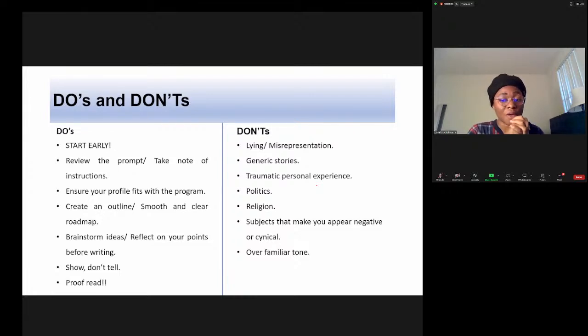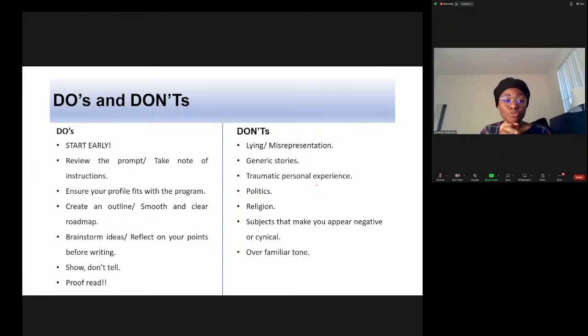Now, subjects that make you appear negative. Don't make your essay too, what's the word to use now? The person reads your essay and the person is so sad. No. Make your essay just normal, don't be at either of the extremes.